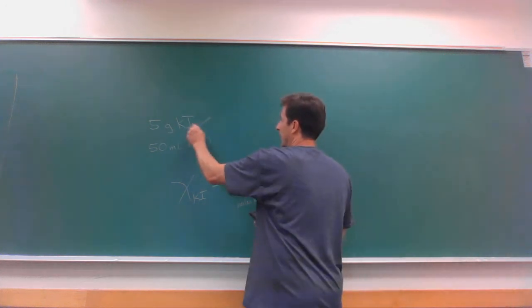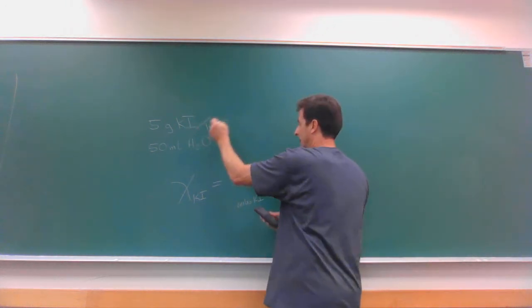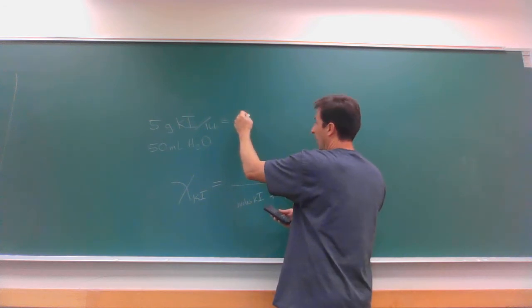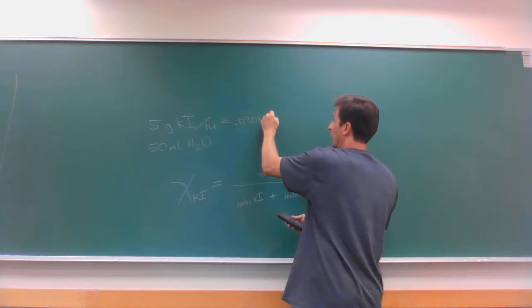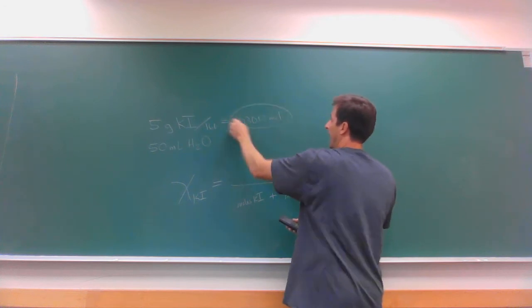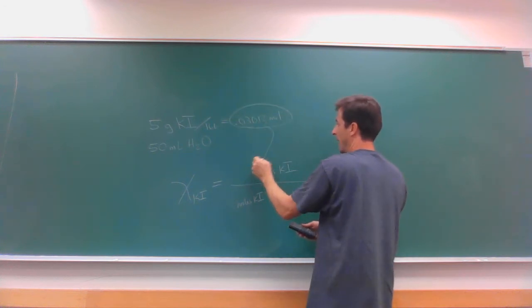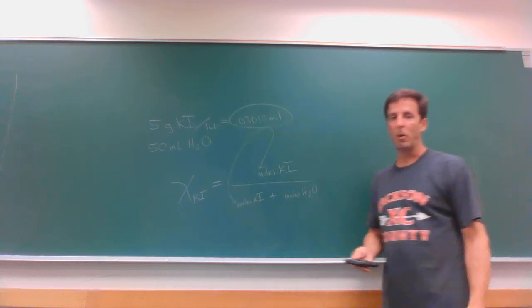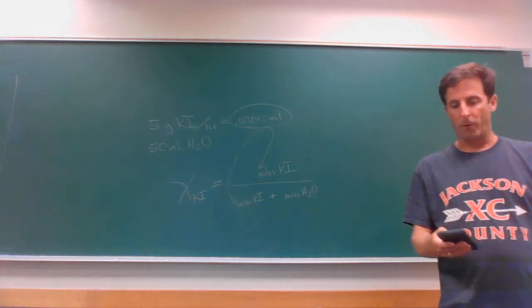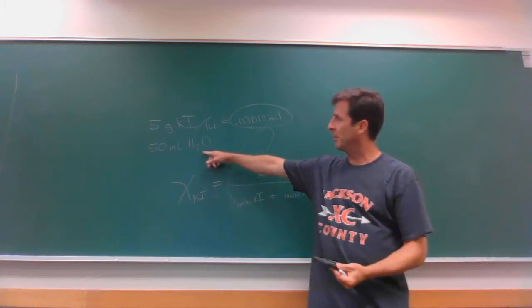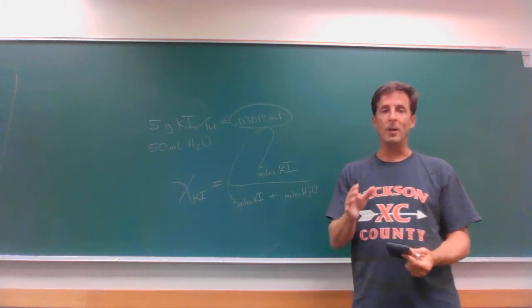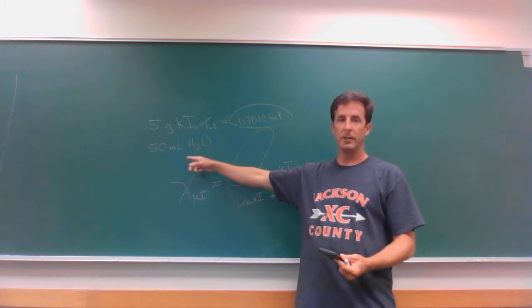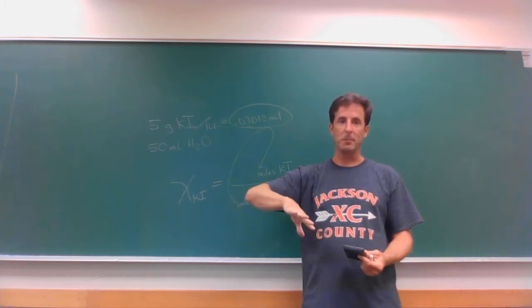So 5 grams divided by the molecular weight. That's going to give me 0.03012 moles of KI. So that number is going to go right there. And I'm going to put it in the bottom too. I'm going to use the moles of KI twice. For water, there's 50 milliliters. I know the density of water is 1 gram per milliliter. So 50 milliliters, I can switch that into 50 grams.